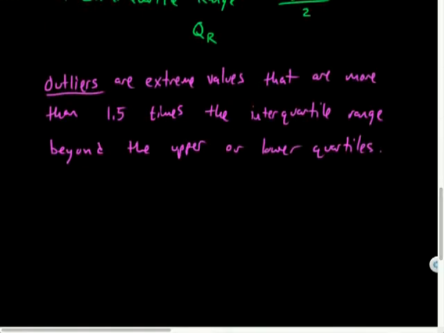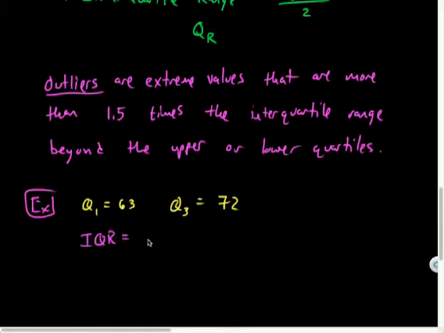Let's just do an example. If Q1 is equal to 63 and Q3 is equal to 72, what is the interquartile range? Yeah, 72 minus 63. So that's 9.